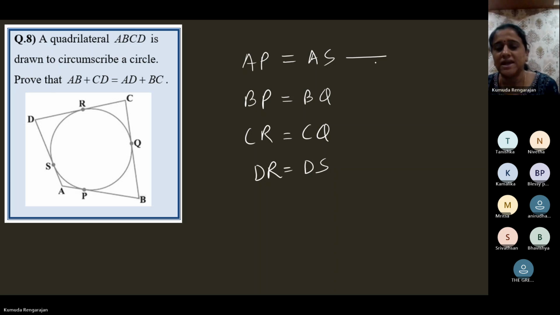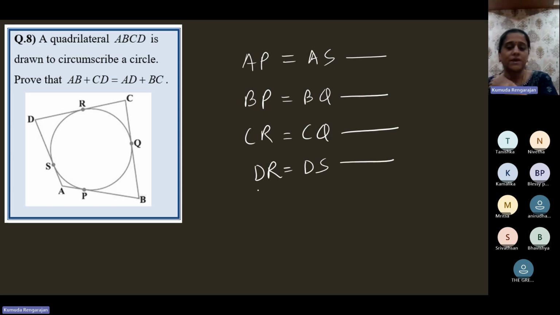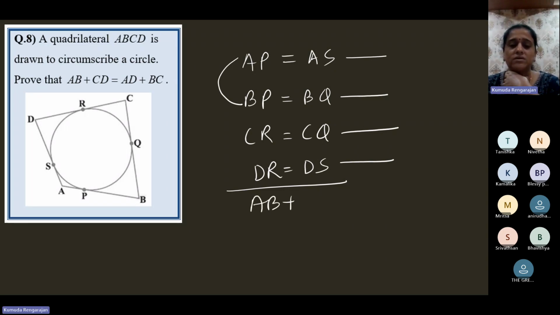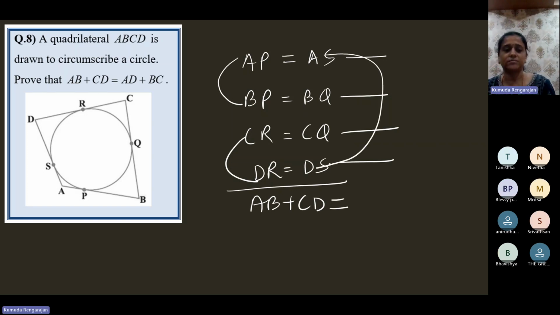Reason: tangents from the external point A, B, C and D are equal. Now add these results. AP plus BP is AB, plus CD, is equal to AS plus DS, which is AD, plus BQ plus CQ, which is BC. Hence proved.